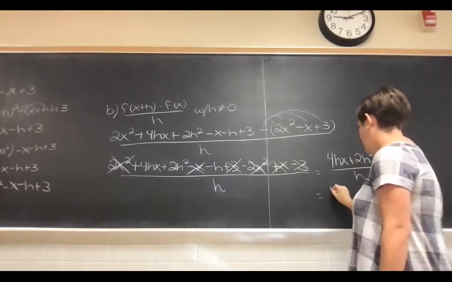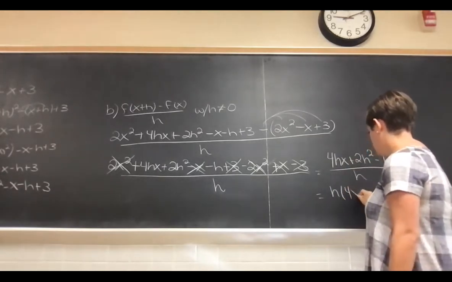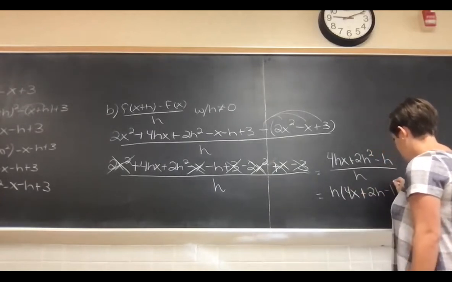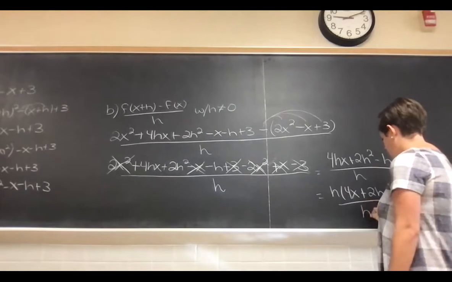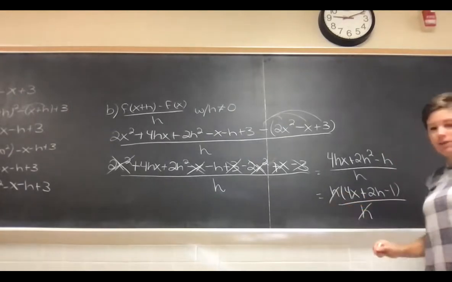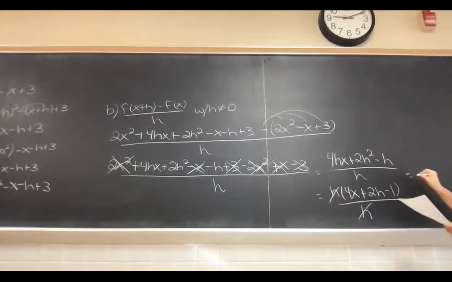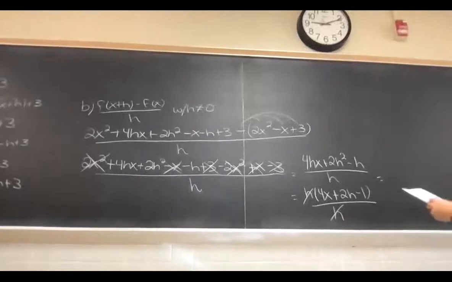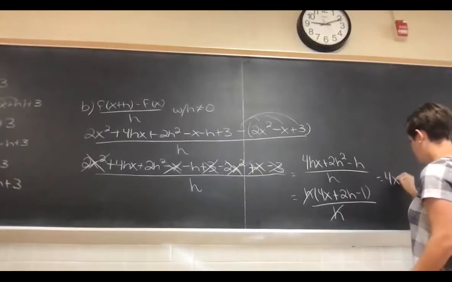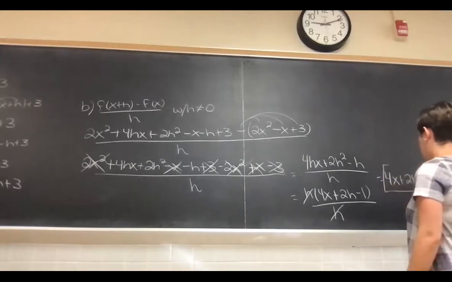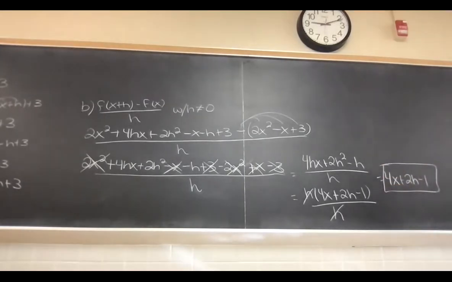So we can pull that h out front, so we're left with 4x plus 2h minus 1 all over h. And since it's out front and we have it on bottom, you can cancel it out. So that leaves us, I'm sure you can see it, with 4x plus 2h minus 1 as our difference quotient of a function.